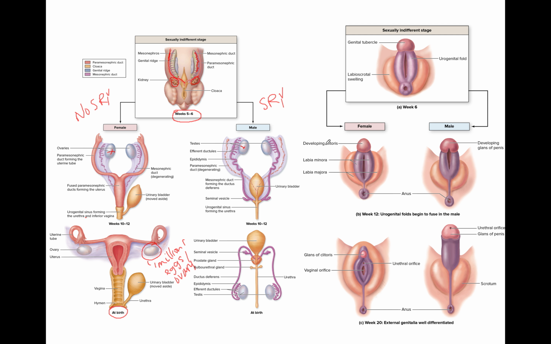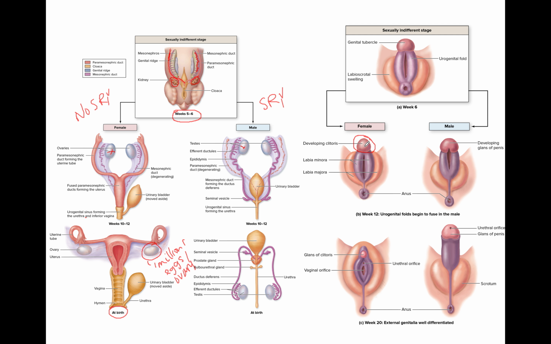So the external genitalia, at about 6 weeks, the fetus is going to be sexually indifferent, meaning you can't determine the sex just yet. But as the fetus continues to develop, you will see some ridges that are going to distinguish male from female. So here's how you can tell male from female, is that one, the erectile tissue that forms the penis is also going to form the clitoris.